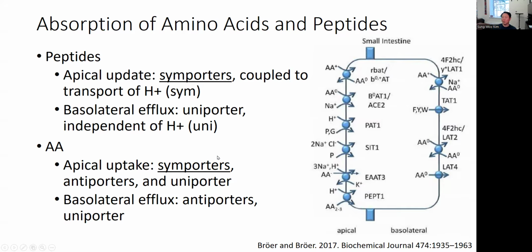In the case of symporters, most likely it will use sodium, so it is energy-spending active transport. For the basolateral transport, mainly antiporters and uniporters, right? So they may use energy or not, right? So that's how we can summarize the absorption of amino acids and peptides.